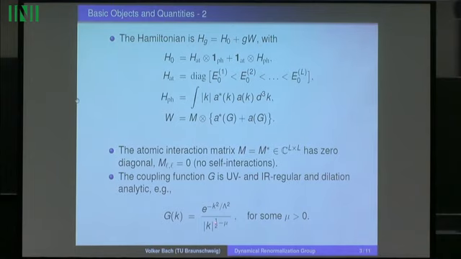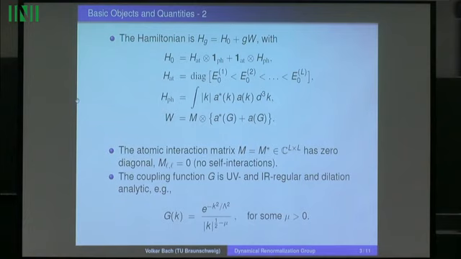And then if one, for example, scales the momenta in the interaction, then one sees that just by scaling the interaction scales to 0, so it's an irrelevant perturbation.